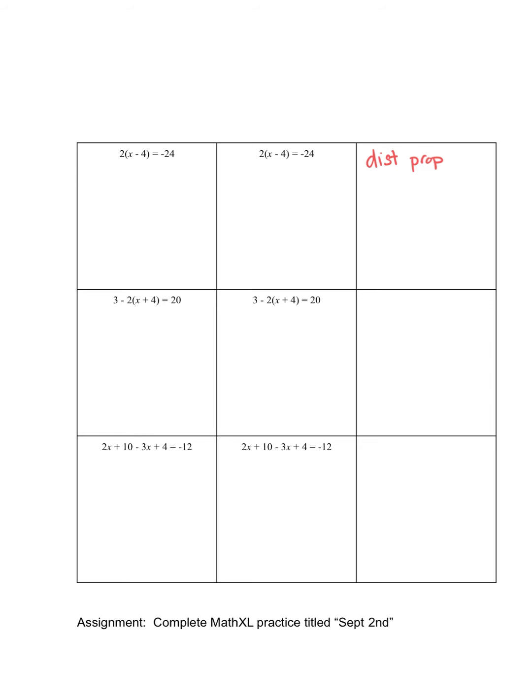Okay, and I'm going to do the distributive property here, and this is going to be 2x minus 8 equals negative 24. So my first step was distributive property. I'm now going to work with my inverse operations. I see this subtract 8, and I'm going to add 8.